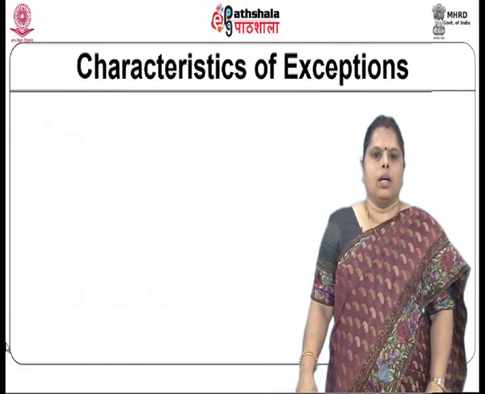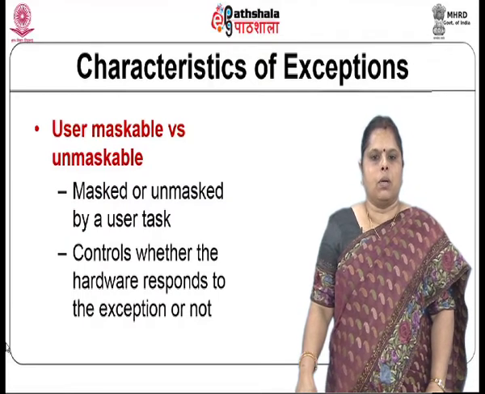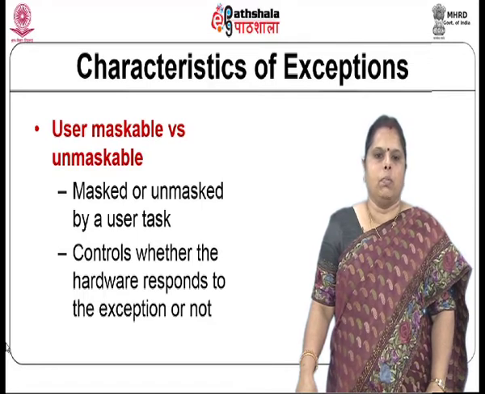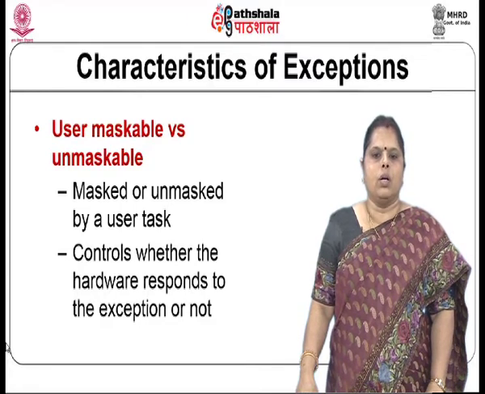and they are harder to handle. The next characteristic of exceptions is whether the exception is user maskable or unmaskable. Some exceptions are maskable, and some exceptions cannot be masked. It can be masked or unmasked by a user task. It controls whether the hardware responds to a particular exception or not.